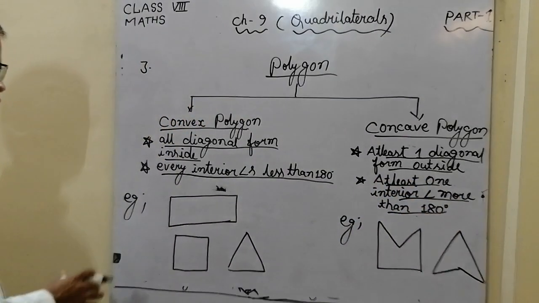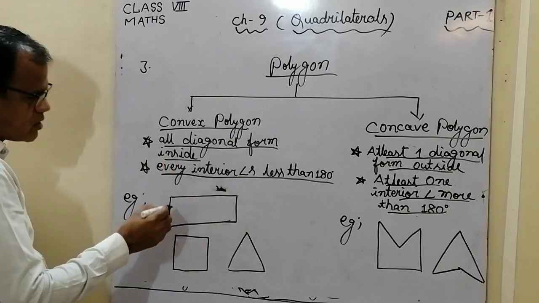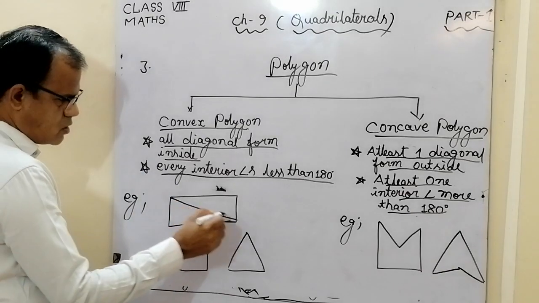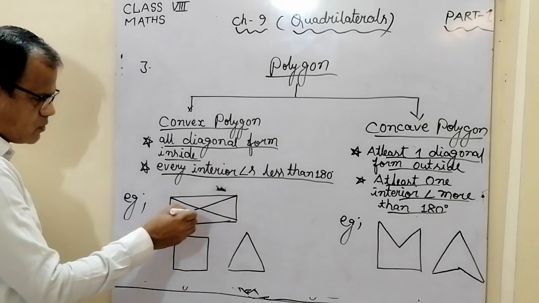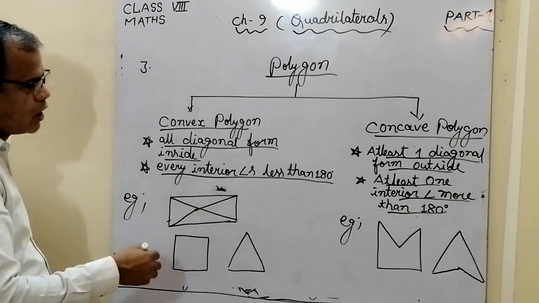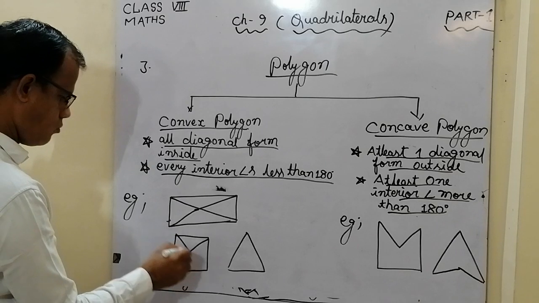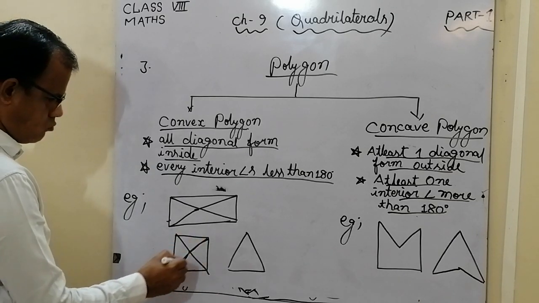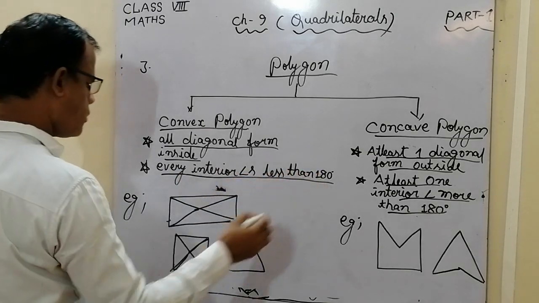So look here, all diagonals form inside, first condition. In this figure this is a diagonal, it forms inside, both the diagonals form inside. Here also look. Next, every interior angle less than 180.